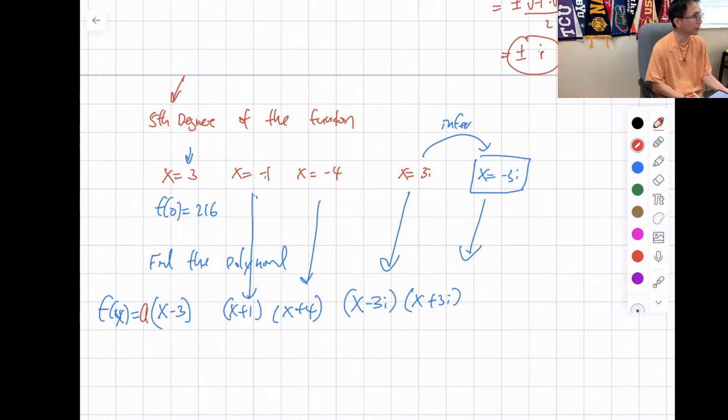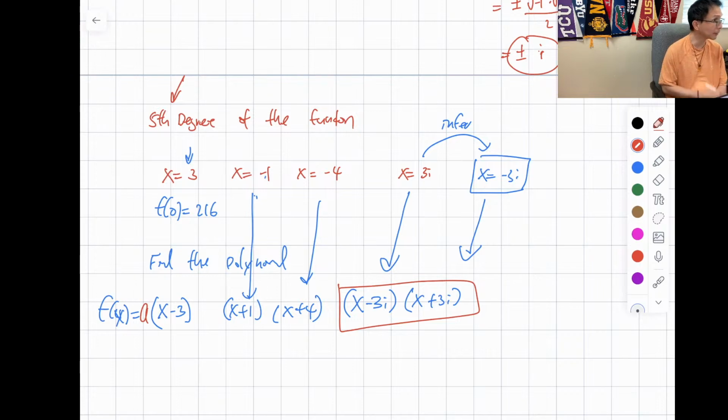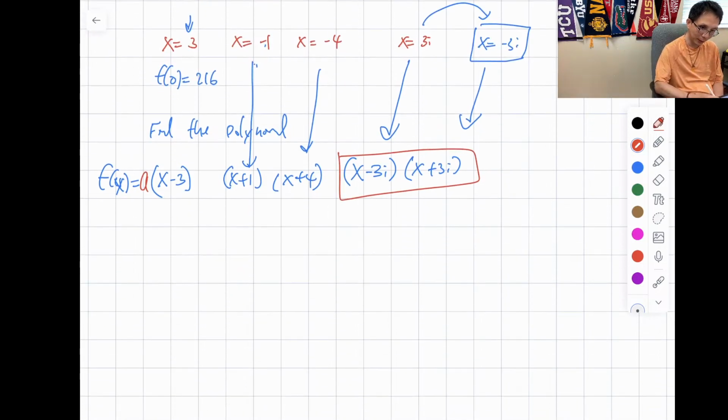But before we do that, I always prefer to join those two factors together. Because if you join those two factors together, it's going to come out pretty nice. I will show you how to multiply those two factors. So x minus 3i times x plus 3i. Now, if you know, this is called difference of squares. But if you don't, that's okay.